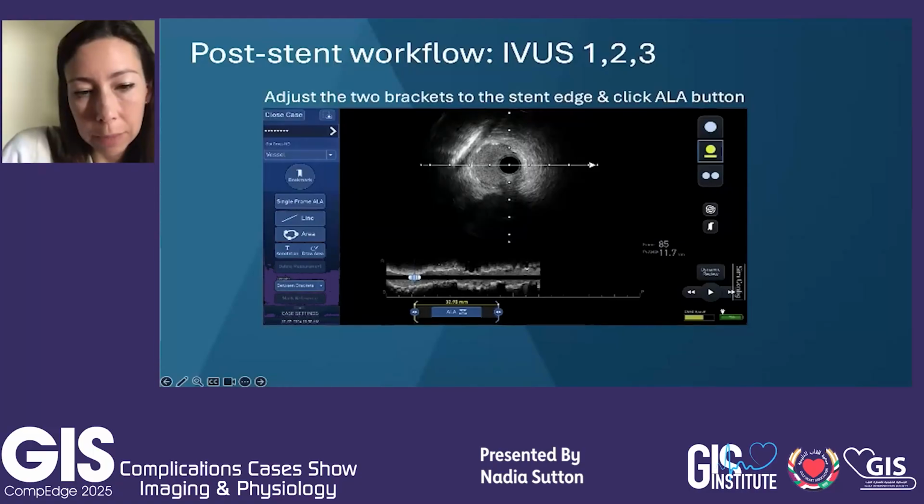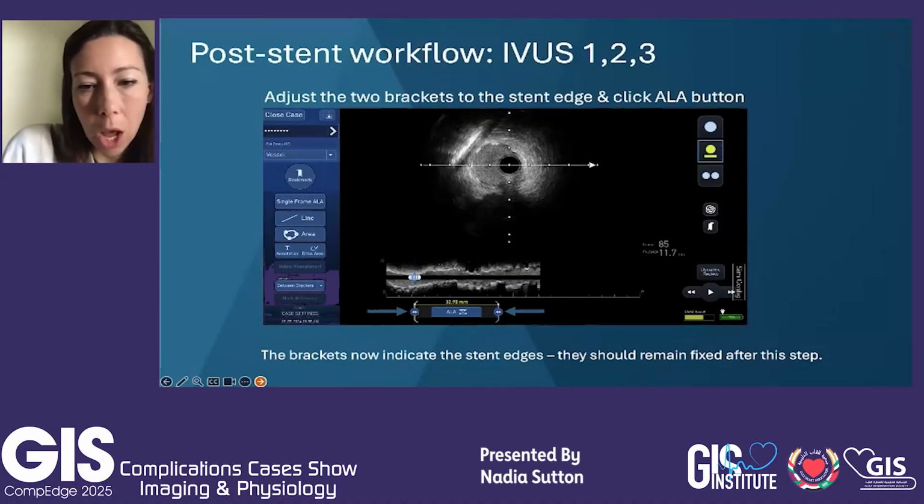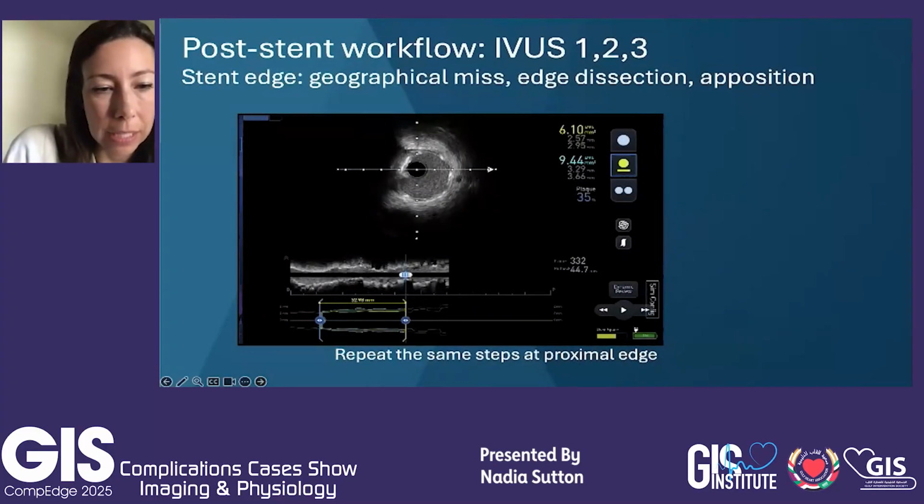Where the ALA button is on the lower part right there, if one was to click on that, that would tell us the minimal area of the stented segment, and that would help us identify if there was any area of under expansion. And so we do want to keep these brackets fixed at this step, because that's going to be our marker of where the stent edges are, and then we can use those edges to do dynamic reviews at the edges to look for things like dissection at the stent edge.